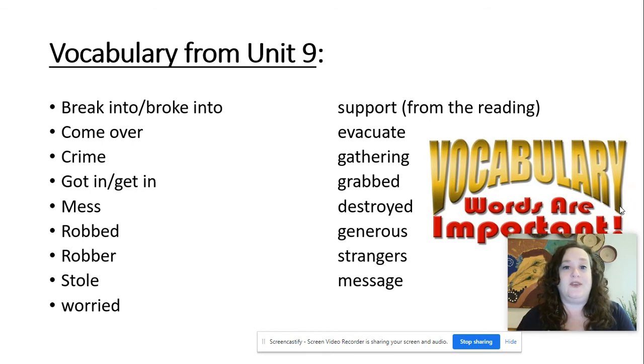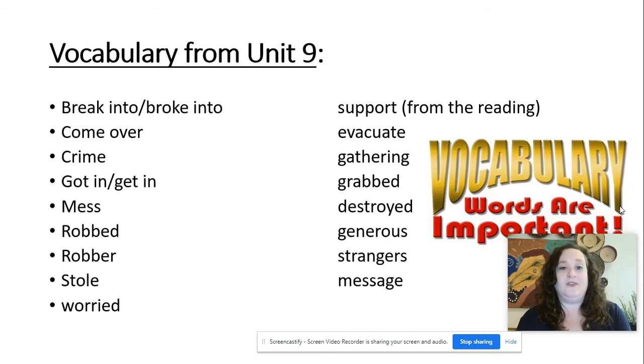These are words in the same word family. Okay, next word is stole. Steal is present tense and stole is past tense. Okay, the next word is worried. Worried. Are you worried about the pandemic or not?